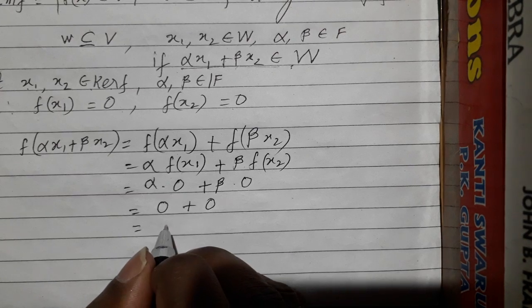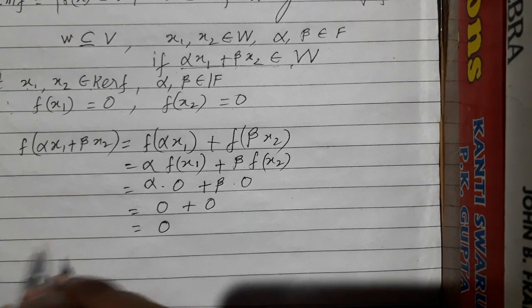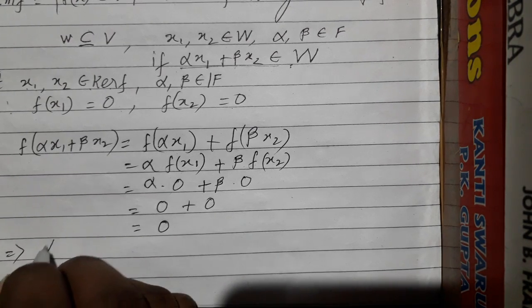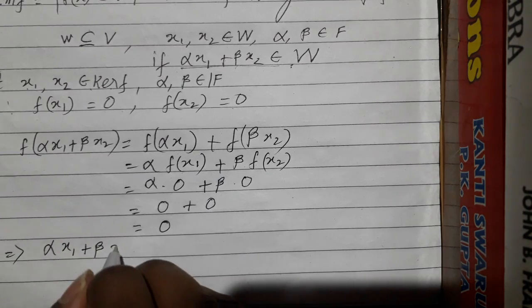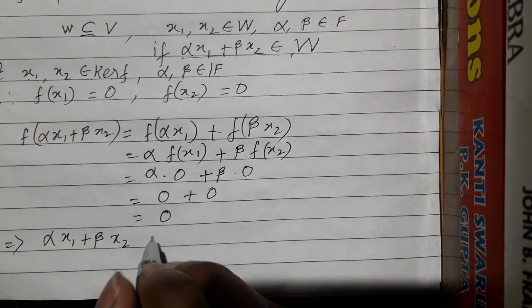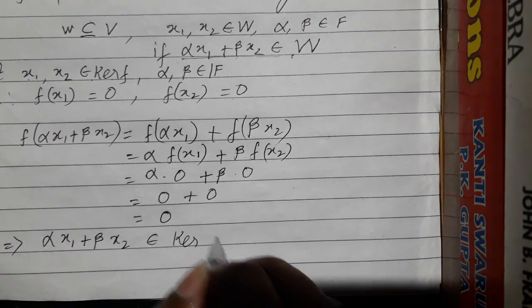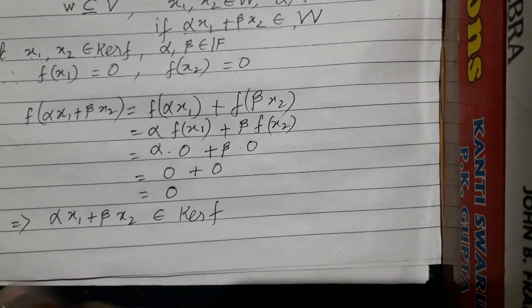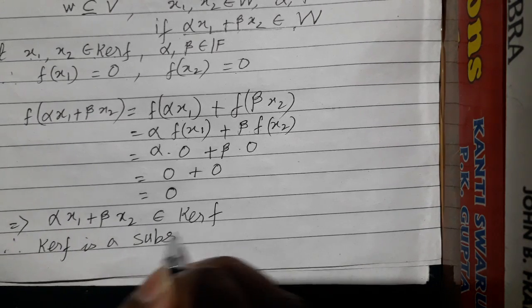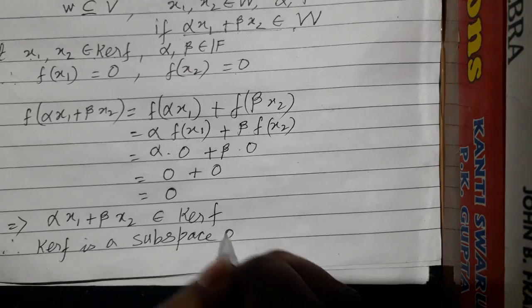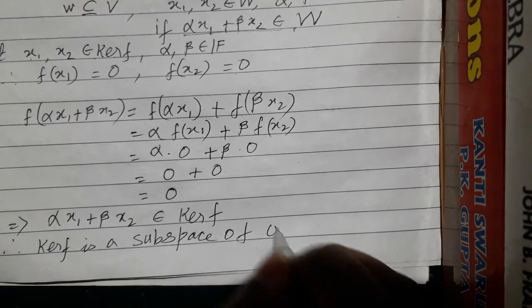So this is equal to 0. We have shown that alpha x1 plus beta x2 belongs to the kernel of F. Therefore, the kernel of F is a subspace of U.